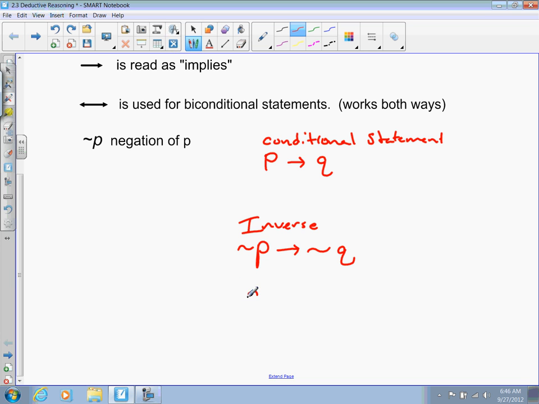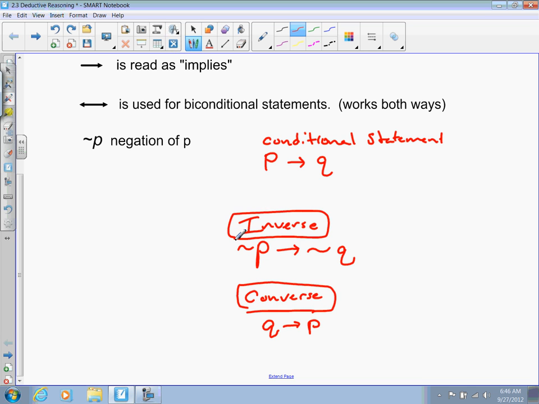So the converse now, the converse would be, I'll give you a little minute to try it. It's going to be where you flip the hypothesis and conclusion around. So if Q, then P. And we have one more left here, and that is the contrapositive.